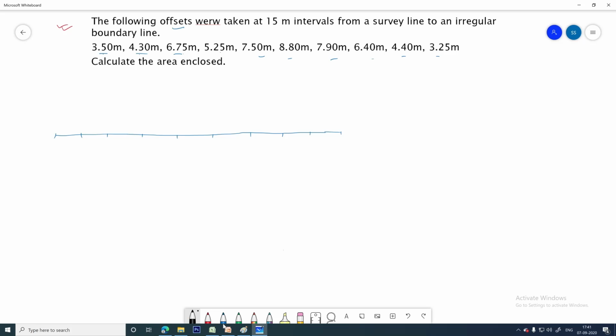So what are the values of the offsets? The first one is 3.5. Second one is 4.3. Third one is 6.75. Then it is 5.25. Then it is 7.